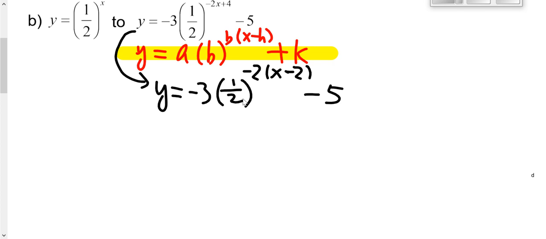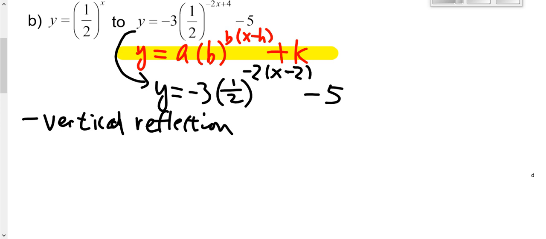Now if you compare the general form of a transformed exponential function to the given function here, you can see that a has a negative value. What does that mean? Negative means it is a vertical reflection, so that means upside down over the x-axis. That's the first thing. Second thing, A is actually negative 3, but then it has two meanings here.